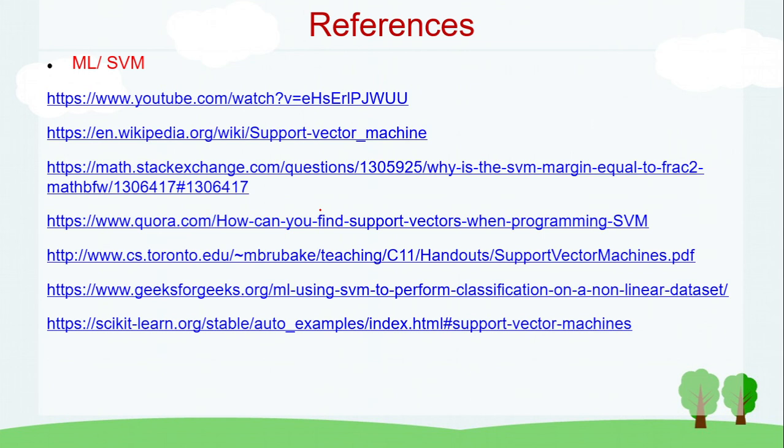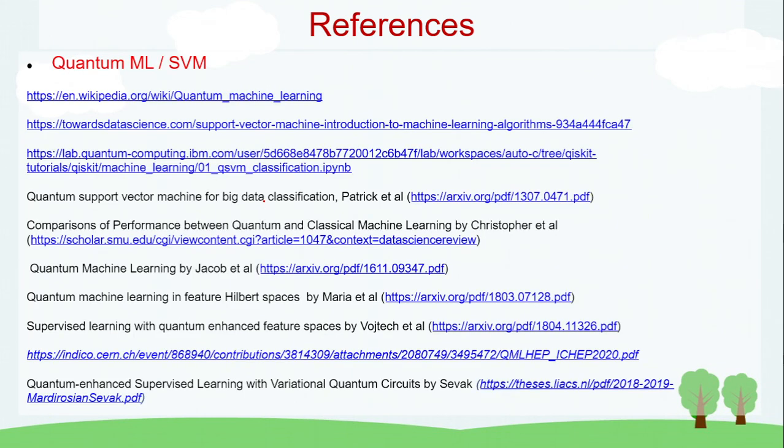Because frankly, when I started, I didn't have any knowledge about SVM or QSVM. But today I'm able to talk a little, and I don't say I'm an expert, but certainly all these references have helped. Possibly if I iterate once or twice more, maybe I can come out with my own coding. Similarly for quantum SVM, again wiki plus there are many papers available. You can see there are plenty of papers available.